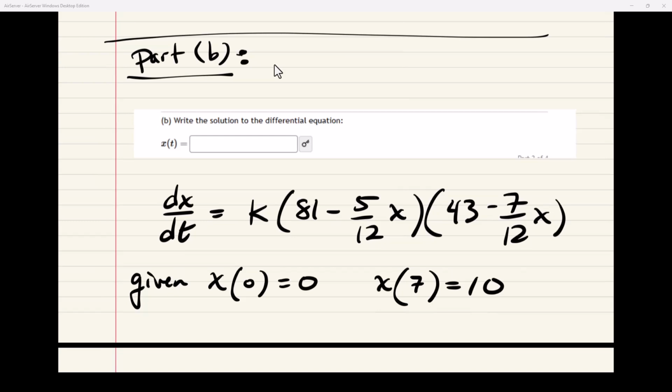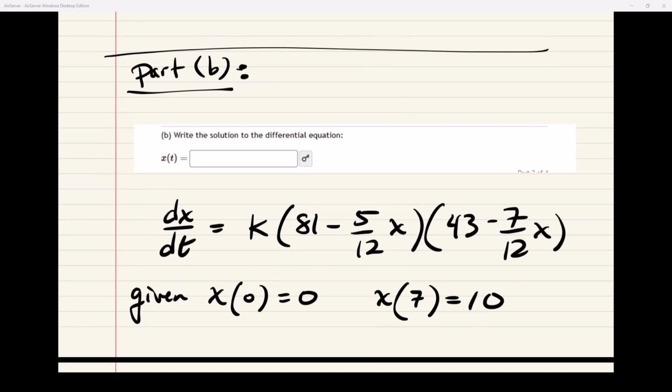that constant of proportionality. Okay, so in order to solve this, those factors with fractions like 5 over 12 and 7 over 12, combined with these other given values, make it difficult to go through the algebra.